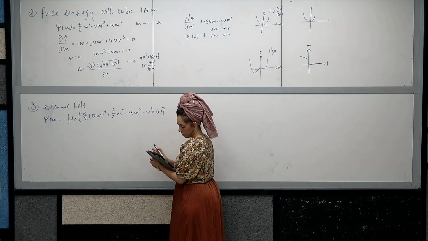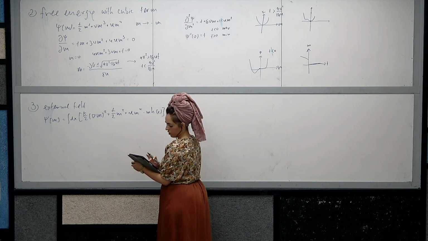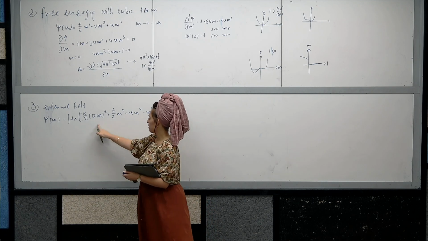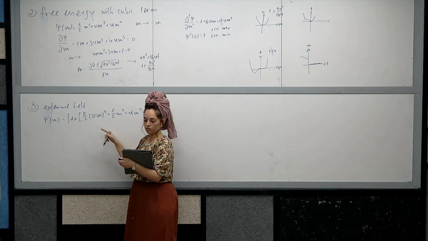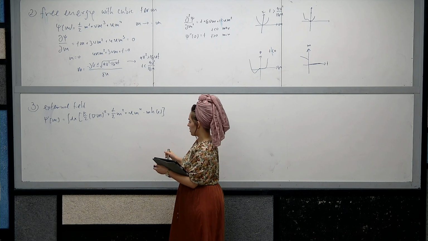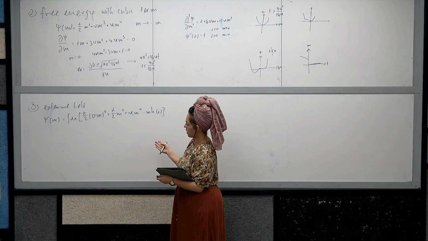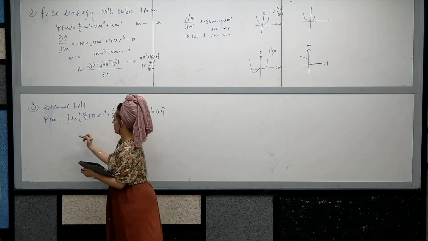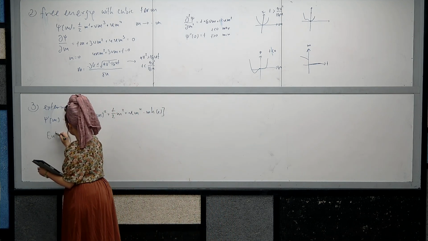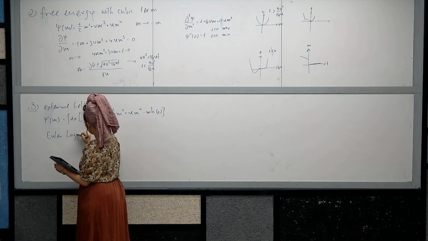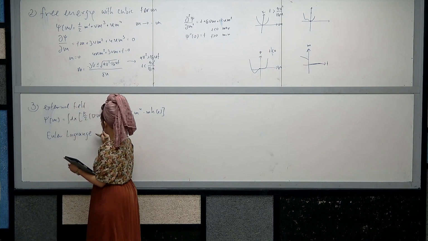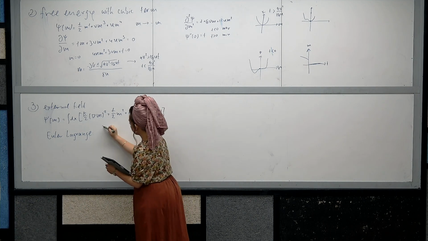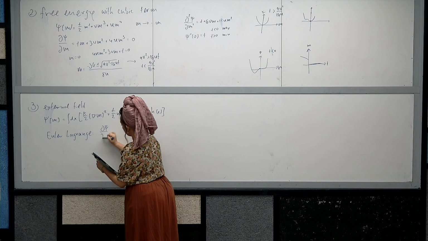In this case, because we have h as a function of x, we can't neglect this term. So now we have to find its minima, but it's a functional. The way to do that is by the Euler-Lagrange equations, from analytical mechanics. So this is the equation.